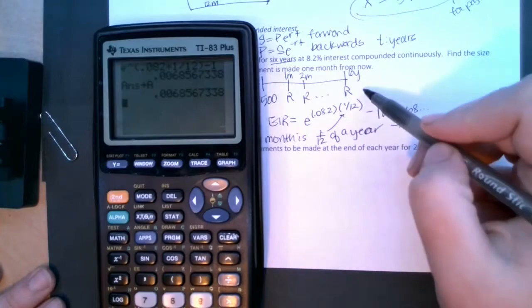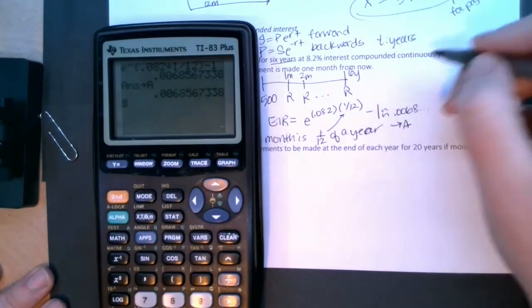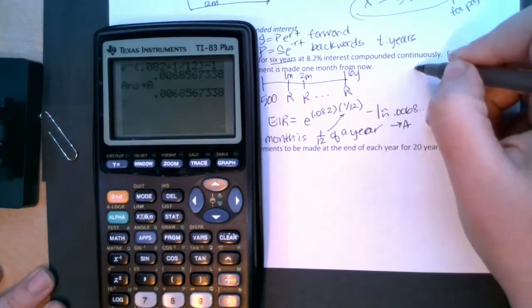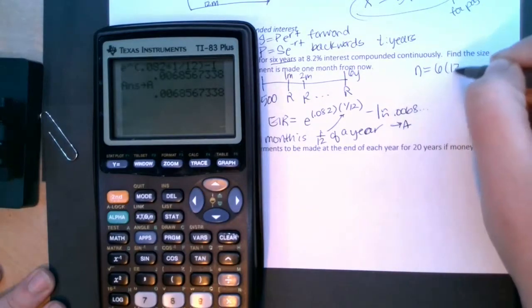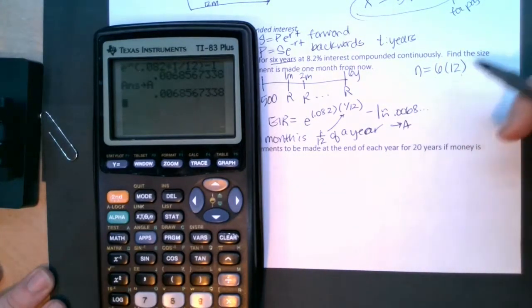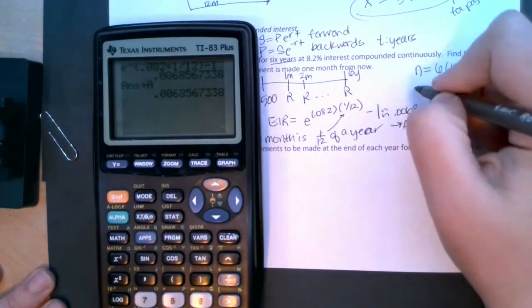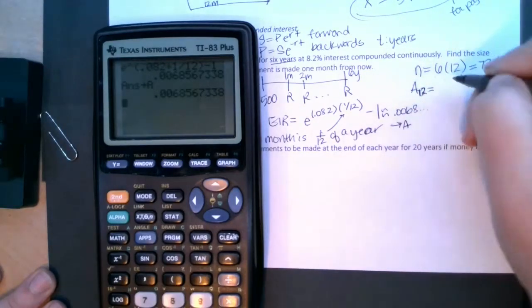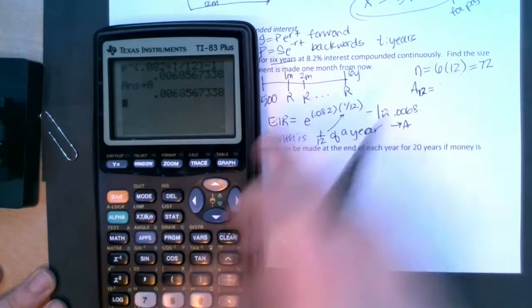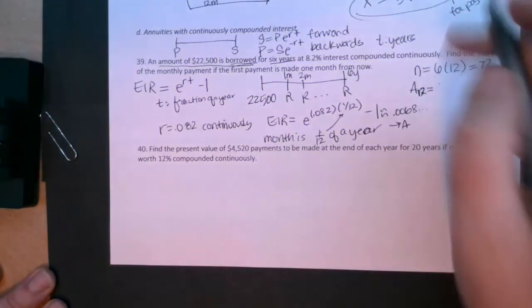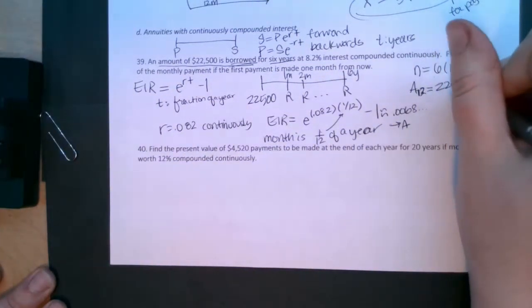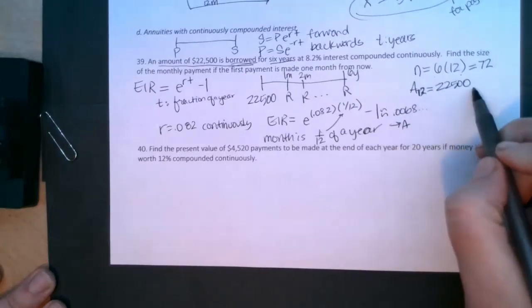And then now we have to figure out how many payments are made. So if we're doing monthly for 6 years, 6 years times 12 payments a year would give us 72 payments total. This is just a straight up A sub n problem, so we do A72 is our 22,500.